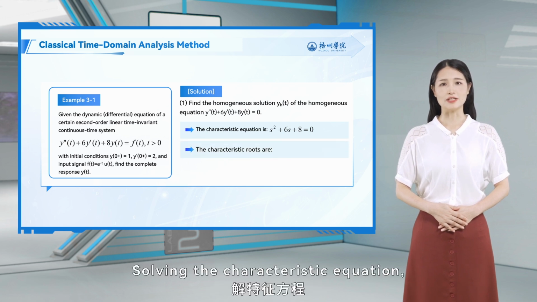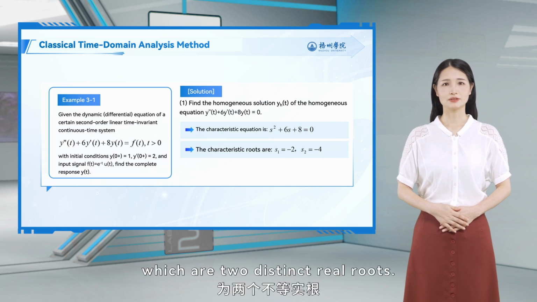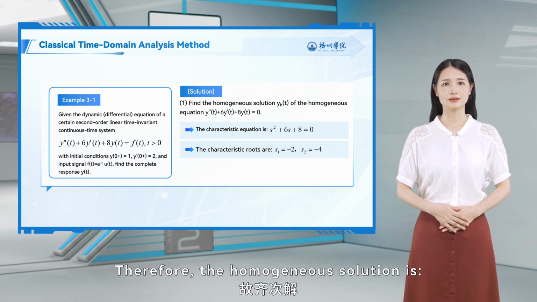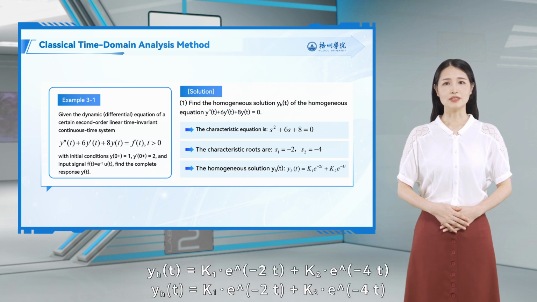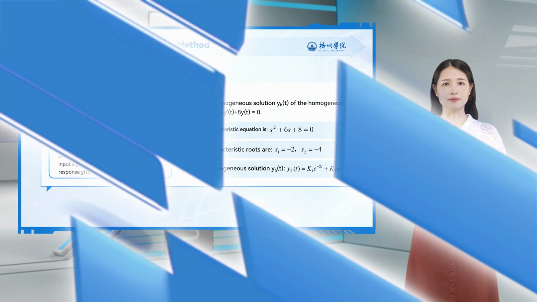Solving the characteristic equation, we find the roots s1 = -2, s2 = -4, which are two distinct real roots. Therefore, the homogeneous solution is y_h(t) = k1 e^(-2t) + k2 e^(-4t).